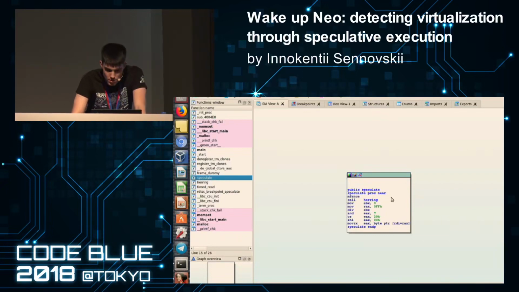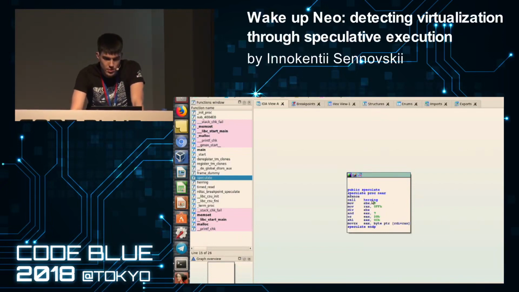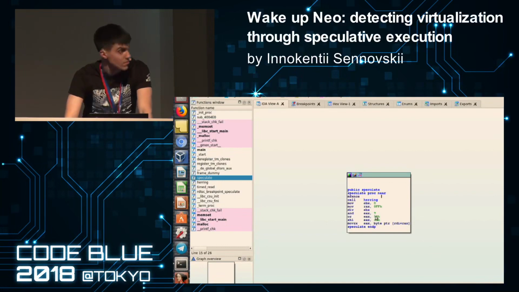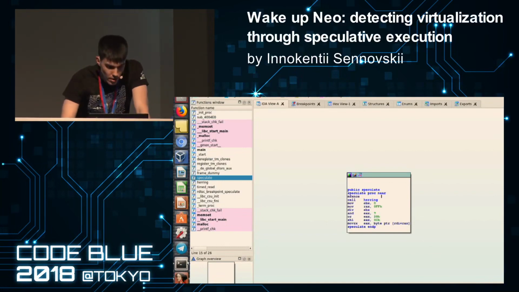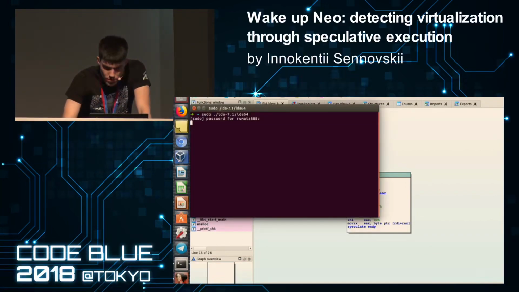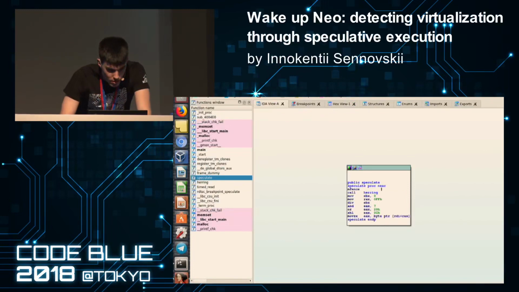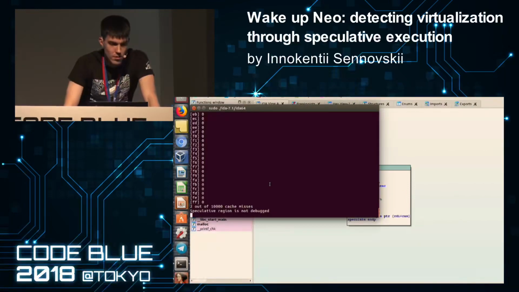Then it uses a speculate function, which calls herring, and then executes something after that, accessing a page from a certain location, basically from region 20. If we execute it as it is now, we can see that there were no cache misses.